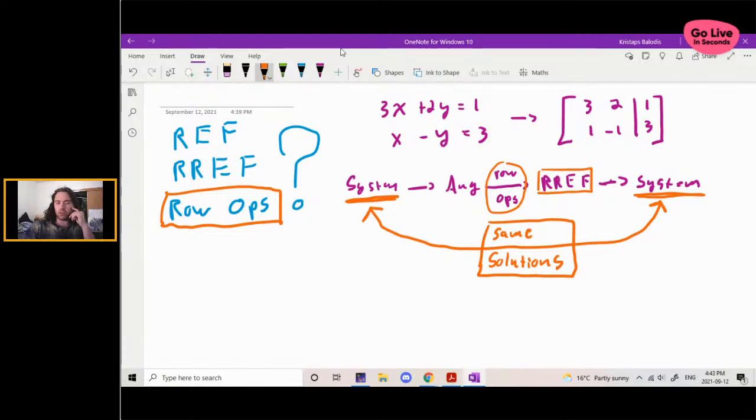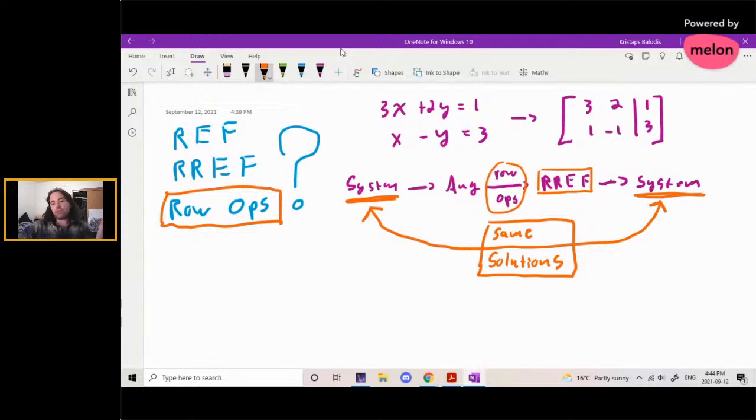That might have to wait until later in this course when we start talking about linear transformations. And then once you have some of that language, it might be easier at that point to come back to this and understand why those row operations are the things allowed and not anything else. Yeah, so we'll come back to that.